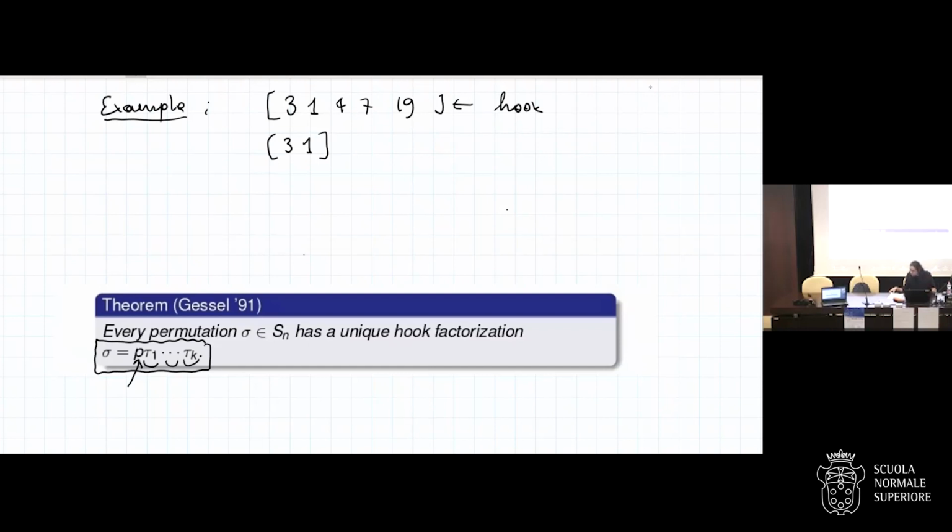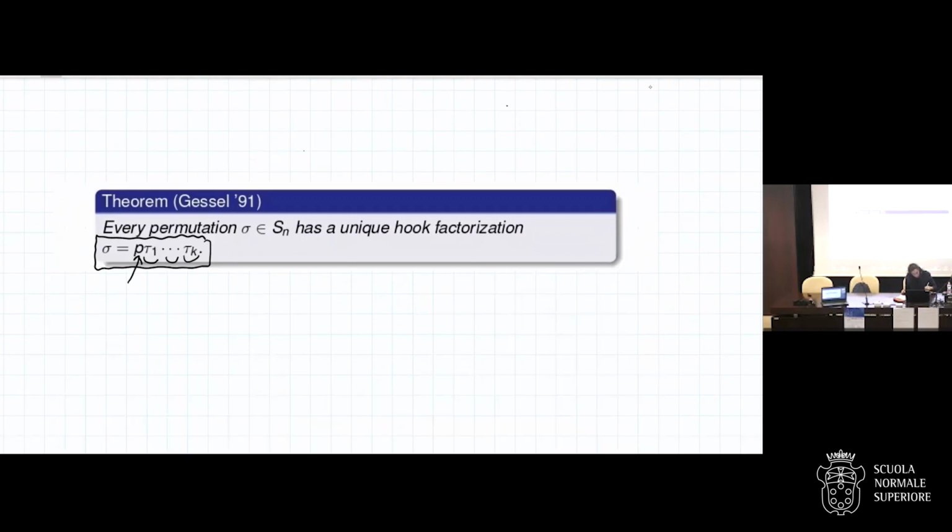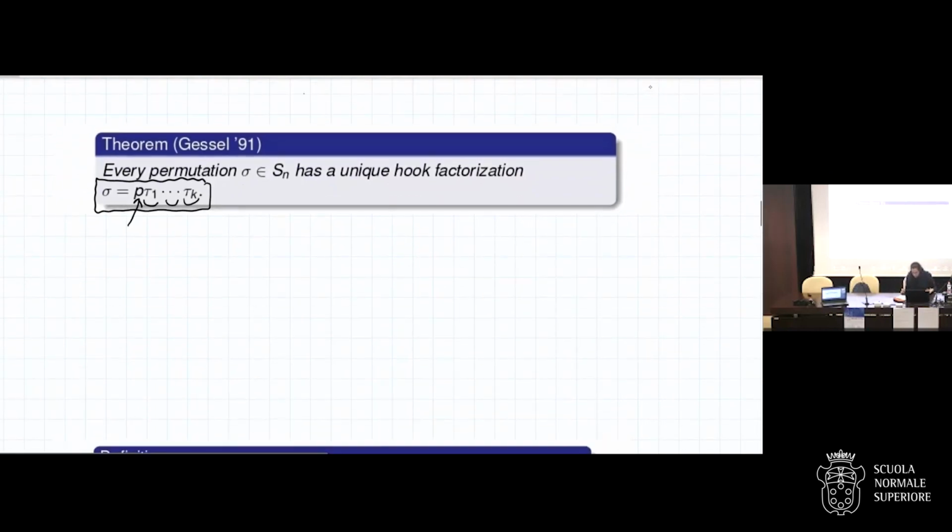Let me give you an example of this hook factorization, and let's see why this is unique. In order to do so, I will need a long permutation. Let's take sigma in S13. Told you it was long.